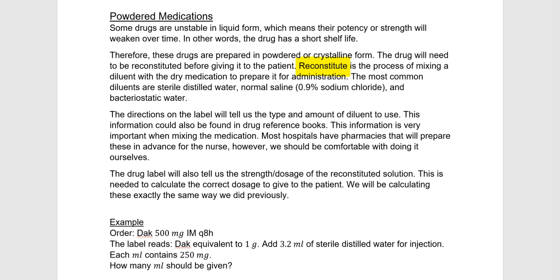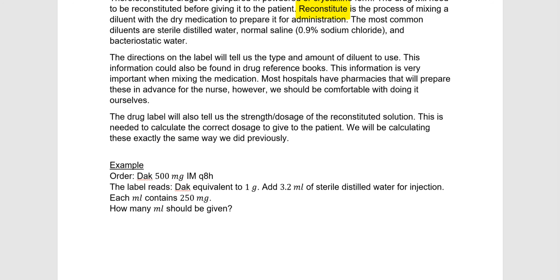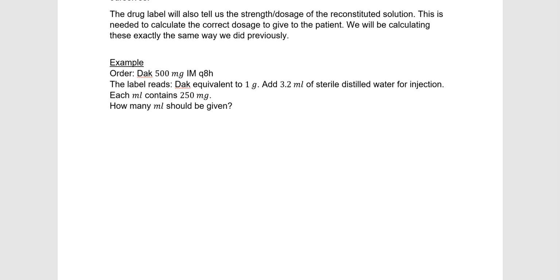And typically hospitals would have pharmacies that are going to prepare these in advance for the nurses, but we should definitely be comfortable doing this by hand ourselves. So something else that's going to be on the drug label is going to be the strength per dosage of the reconstituted solution. And this is needed to calculate the correct dosage that we give to the patient.